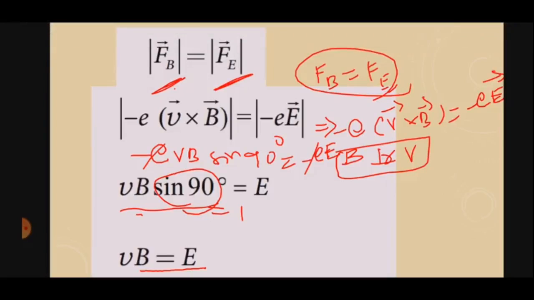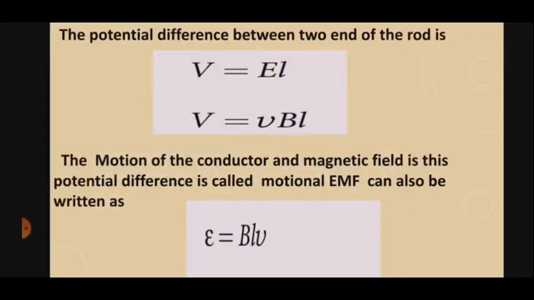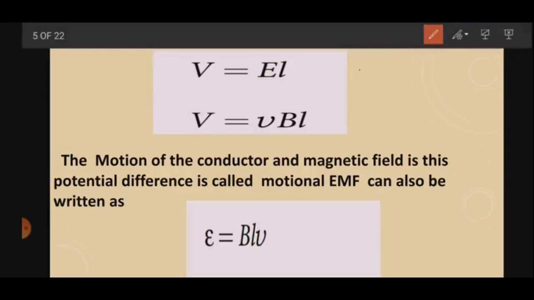So students, the potential difference between two ends of the rod. Already you know the formula for electric field and potential difference. We know that V is equal to E into L. Therefore, E is equal to V by L, potential difference per length of the conductor.